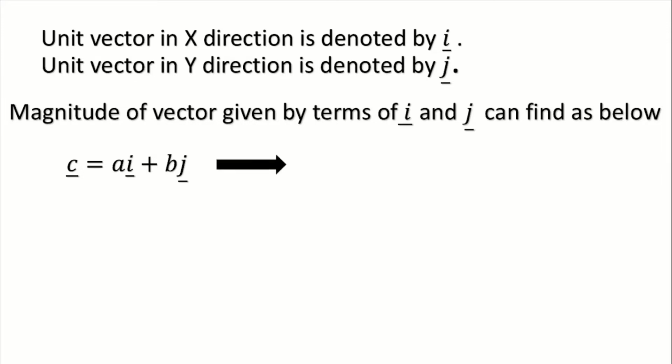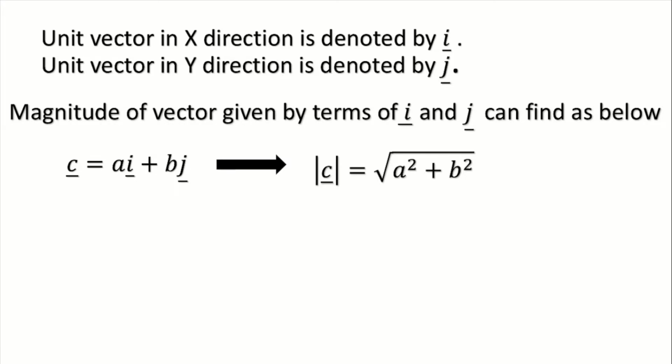Then I can find the magnitude of this c vector as modulus of c equals the square root of a squared plus b squared. This can be applied when the vector is given by i and j terms. So the magnitude equals the square root of a squared plus b squared.